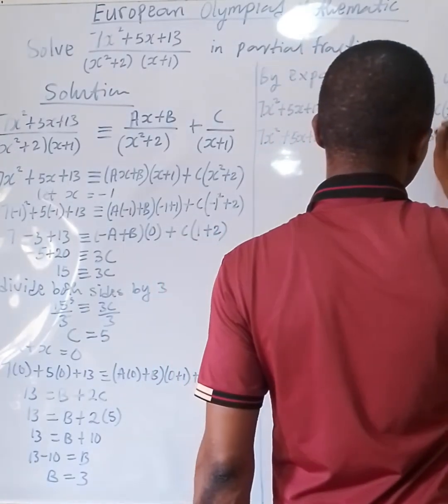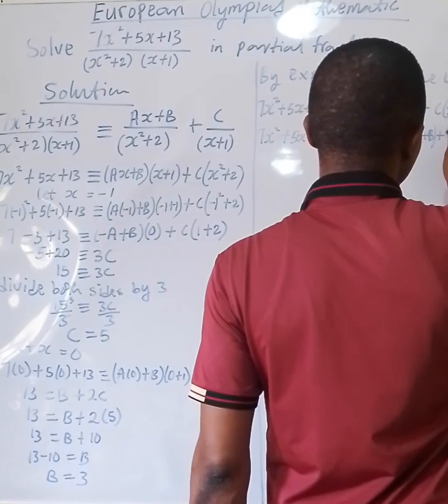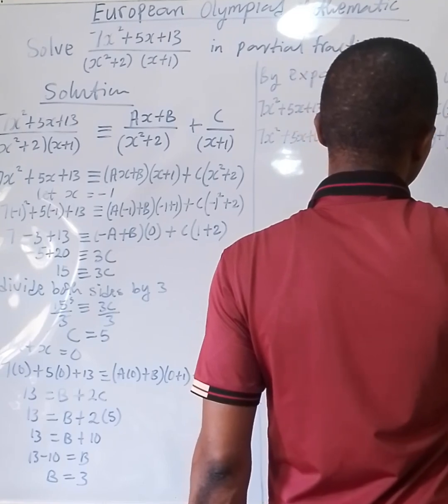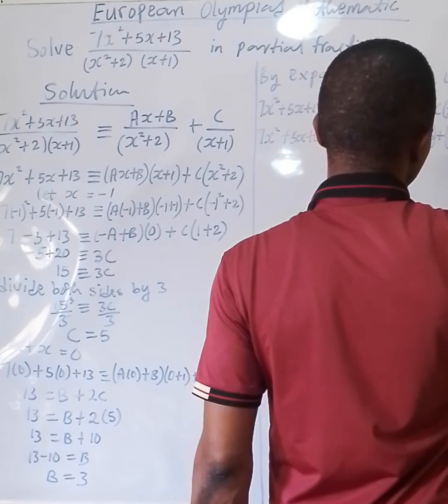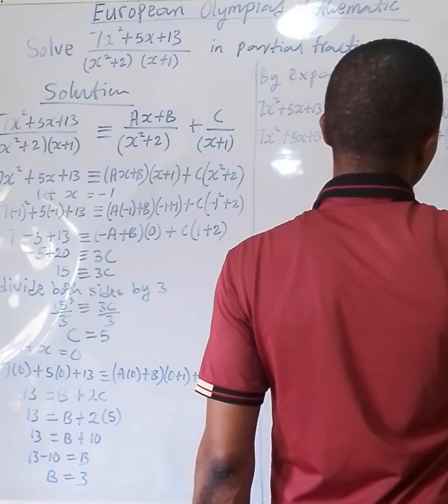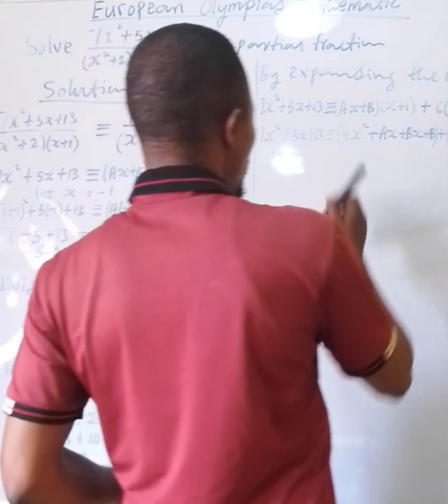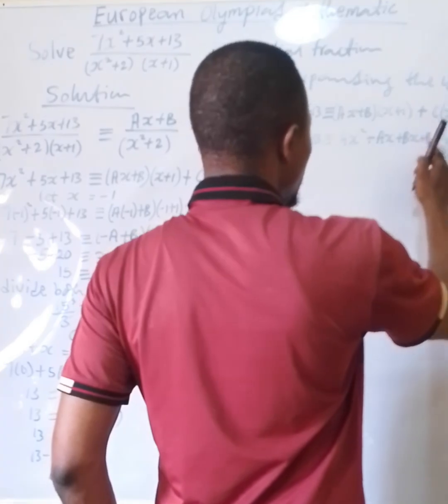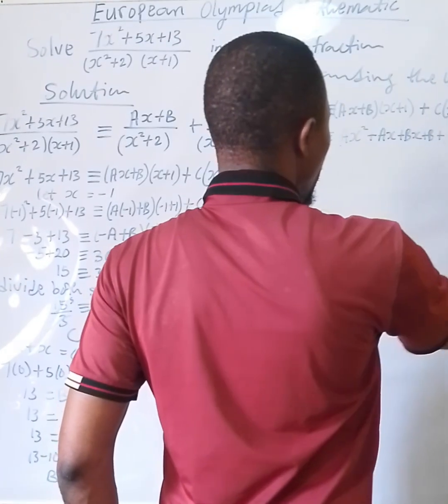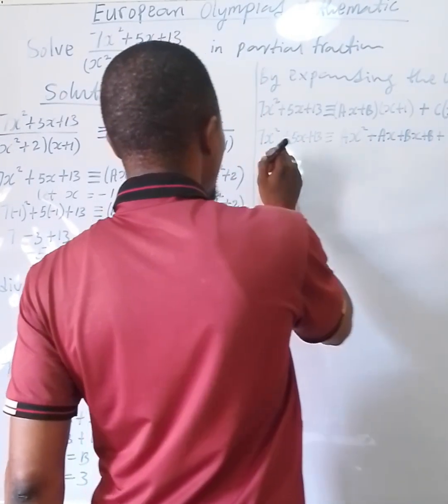Are we together? Then plus c times x squared, cx squared plus 2c. Okay? So as we now have it like this, you now remove the bracket. So when you remove the bracket now, it will give us what?